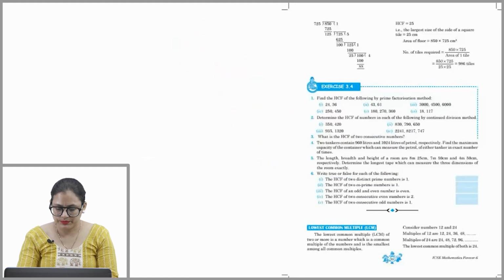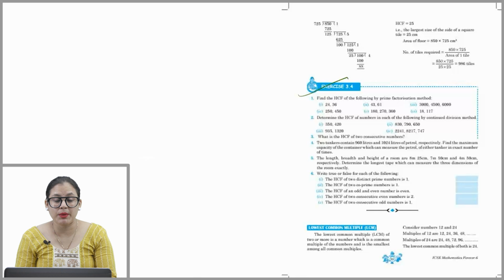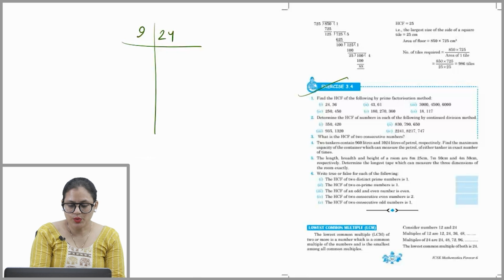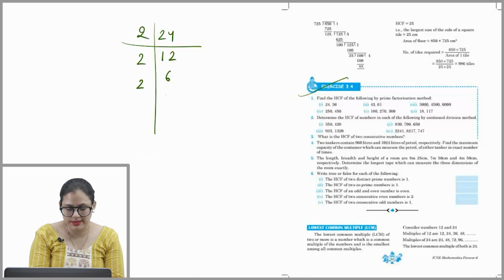Exercise 3.4. Find the HCF of the following by prime factorization method. Okay, let's find out. 2 ones are 2, 2 twos are 4, 2 sixes are 12, 2 threes are 6 and 3 ones are 3.